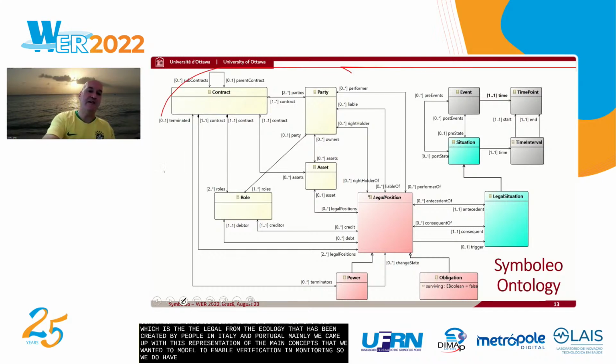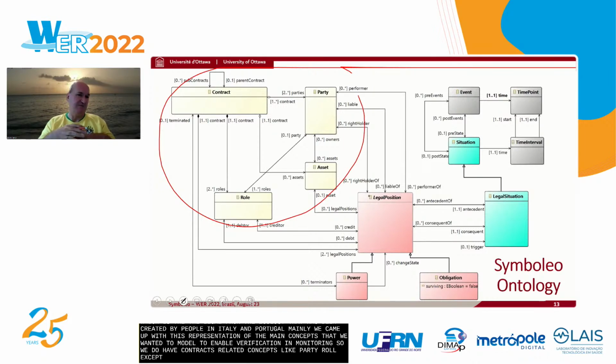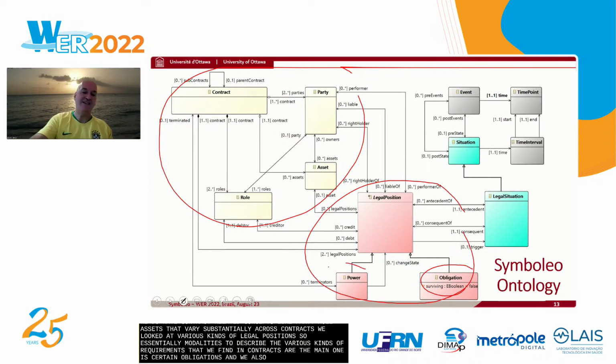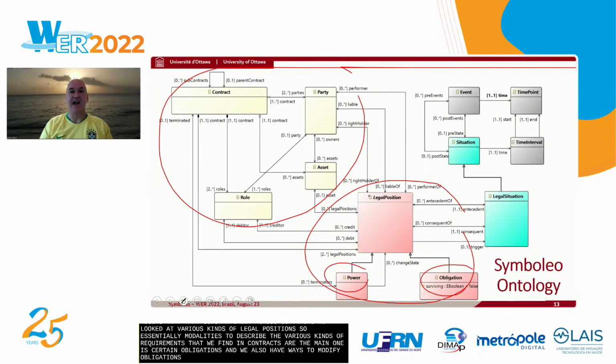So we do have contract-related concepts like party, role, and assets that vary substantially across contracts. We looked at various kinds of legal positions, so modalities, to describe the various kinds of requirements that we find in contracts. The main one is certainly obligations. We also have ways to modify obligations during the execution through powers. Powers will enable us to create new obligations or modify, suspend or terminate existing ones.